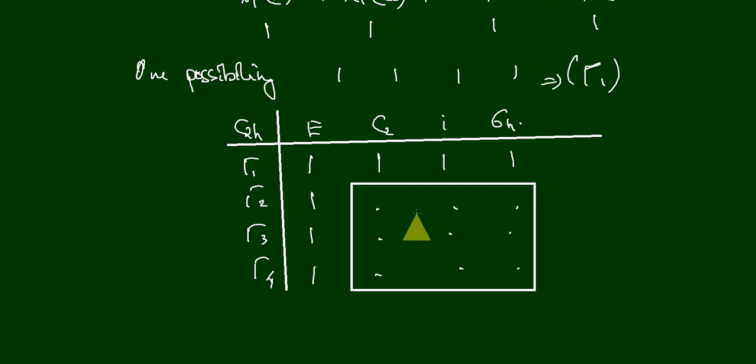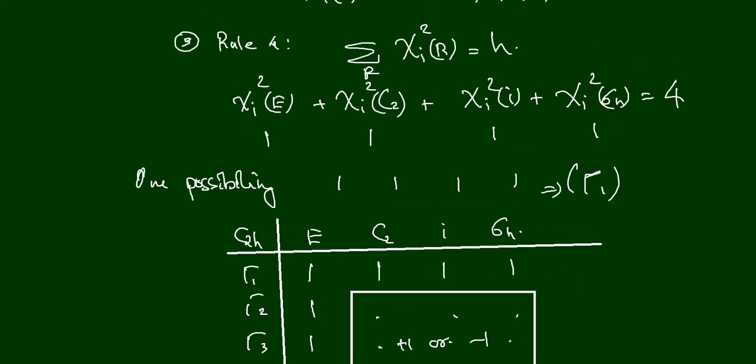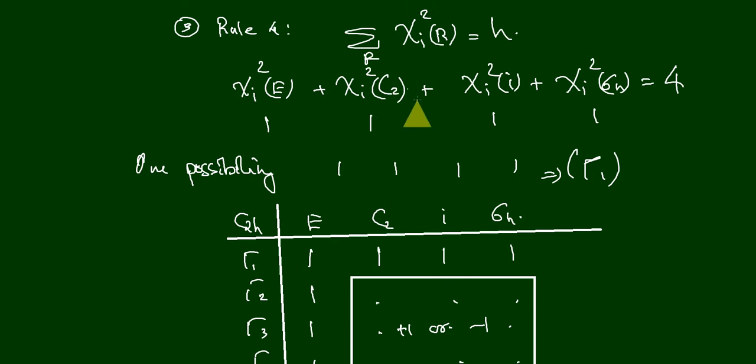So what is the next possibility? The next possibility is that we have +1 or -1, right? Even if it is +1 or -1, the square of this one will be +1. So it will hold the rule 4 we already discussed here, that is, the sum of the squares of the characters of the irreducible representation will be equal to 4.